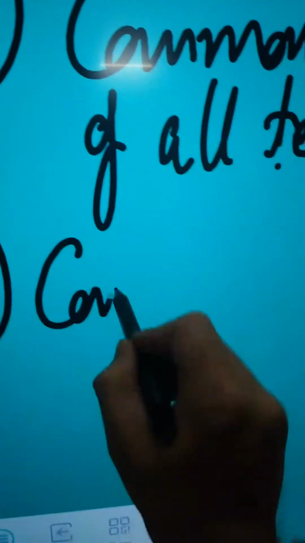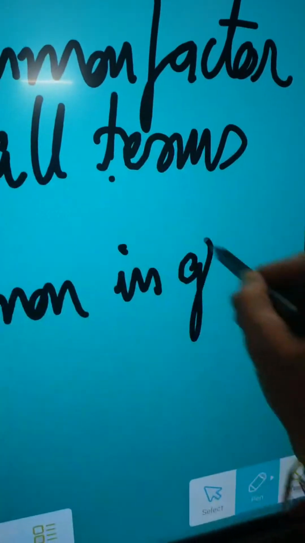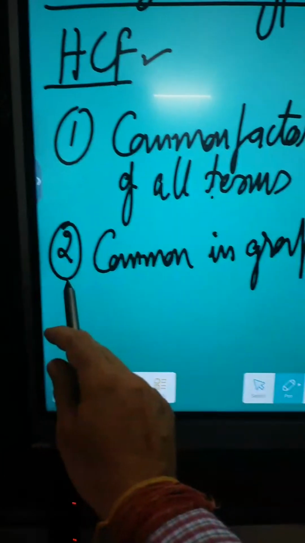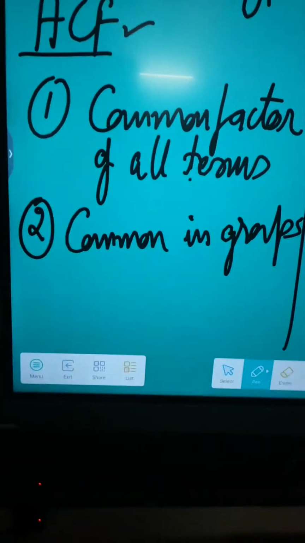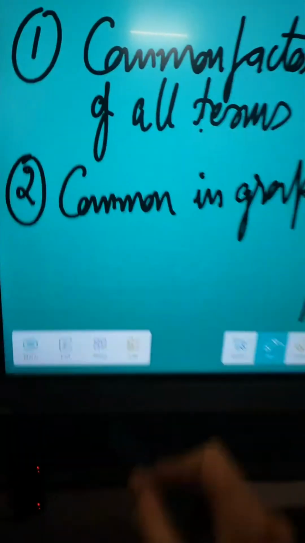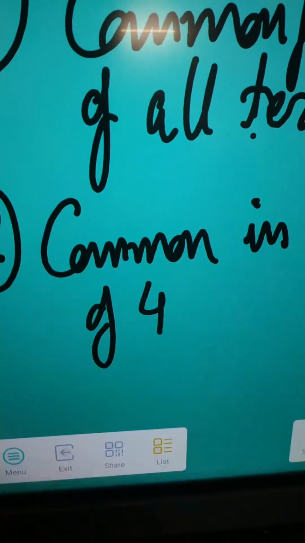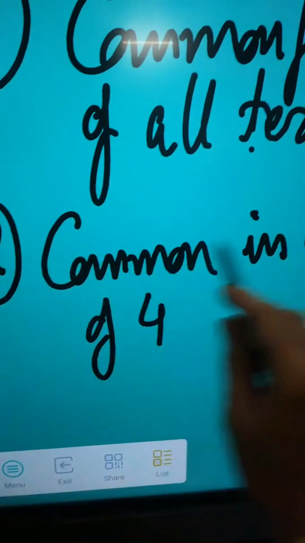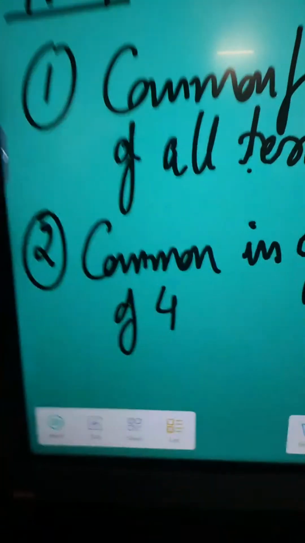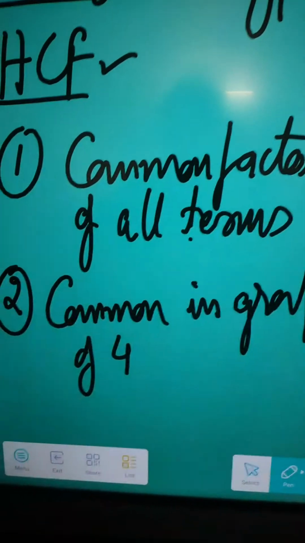This is called taking common, but we will call it common in groups. To use the second method, you should have a minimum of 4 terms, in groups of 2. This second method is only applied when the first method is not applicable.